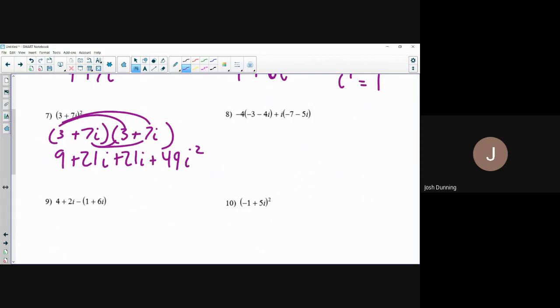Remember, on the key that I just wrote up further there, i squared is -1. This is the one that pops up the most. That'll just make that plus 49 minus 49. So we got 9 minus 49 is -40. 21 plus 21, 42i.